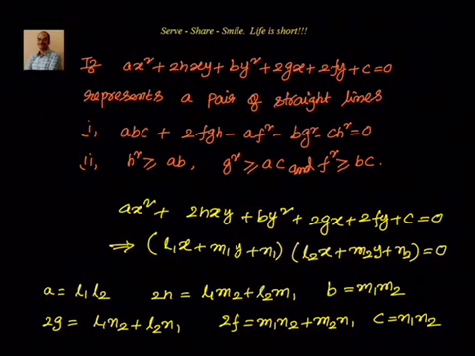So when we compare the coefficients, the x² term coefficient is L1 L2, but it is a. Like that we can compare the x², xy, y², x, y and constant terms. This is what we got. Now what we have to prove here is abc + 2fgh = af² + bg² + ch². So we'll try to write abc in terms of L, M and N so that we can easily solve it. So let's go ahead to the next step.